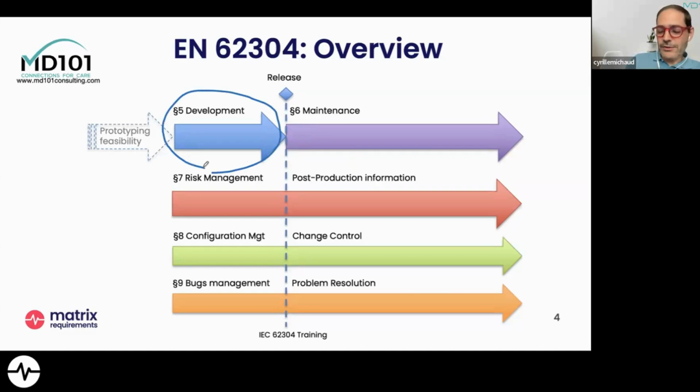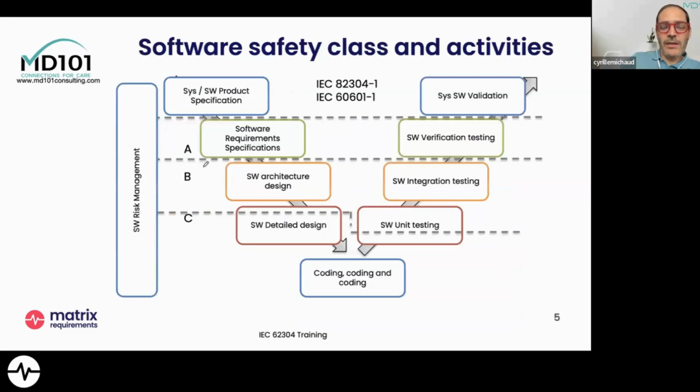Okay, so if we zoom on this process, the software development process, we can represent it like this. You retrieve all the steps that we have in software development of IEC 62304: software requirement specification, architectural design, detailed design. This is not the topic of today.